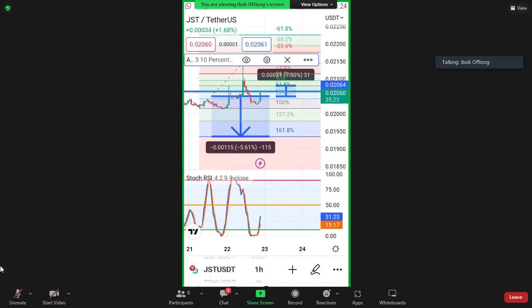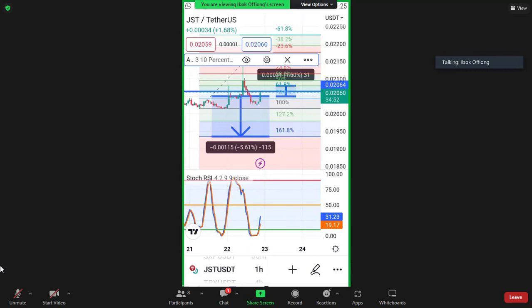No matter your analysis, you always ensure you have bullets, what I call bullets, that you use to attack the enemy. Who is the enemy? Floating loss. No matter your technical analysis, you must ensure you have margin calls that will help you against the enemy, which is called floating loss.